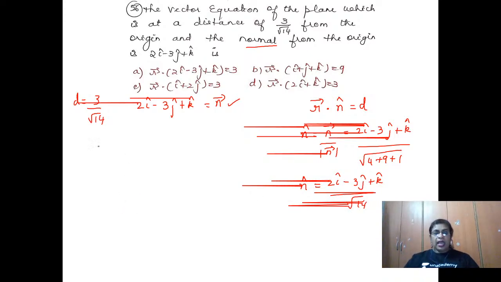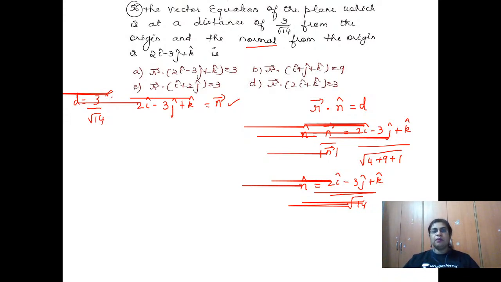Okay, now I have to substitute. See here D is already given, in that same form. Distance from the origin: whenever the equation is in the standard form, that is, if it has the direction ratios A, B and C, I always first find the magnitude and divide the entire equation by that magnitude.